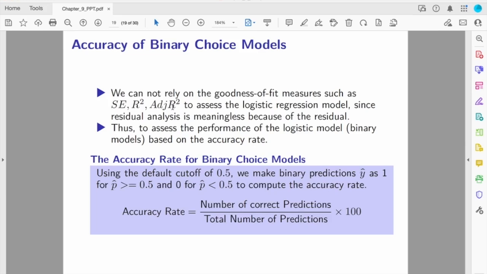If you get a person with an expected probability of default of 0.2, then this person has a predicted low chance to default on the loan. Then you're going to classify him as a 0. So we classify all of the observations using the cutoff value of 0.5: greater than 0.5 is yes, less than 0.5 is no. Then we can compute the accuracy rate to assess the performance of the logistic regression, which is the number of correct predictions divided by the total number of predictions.